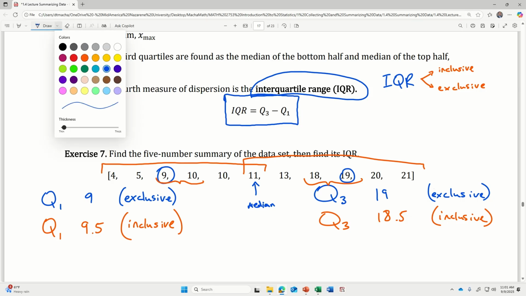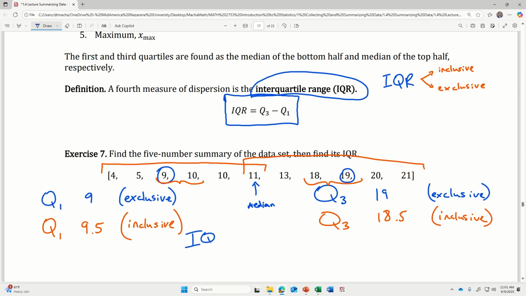So, for my IQR of this data set, the exclusive IQR would be 10.